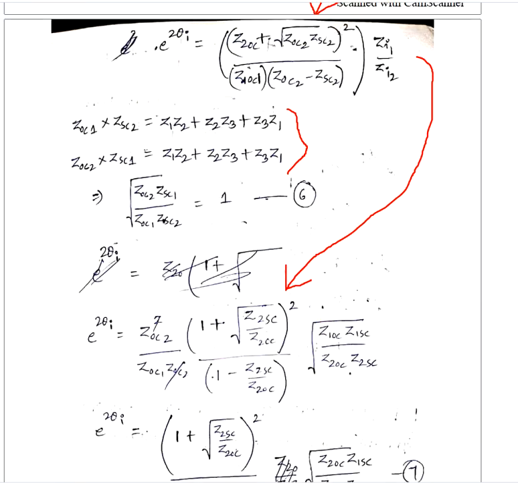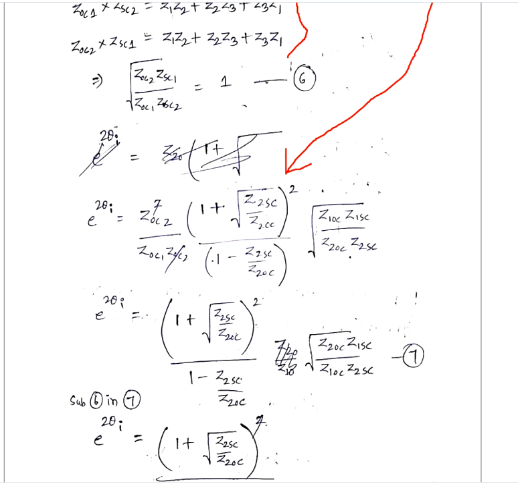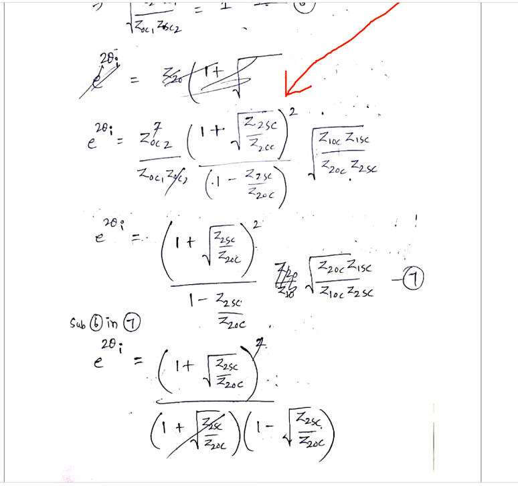Okay, so that is e power 2 theta is equal to, I will take Z2OC square common here, then you will get this expression. So here again I will simplify that to this, right? You can practice this, all of you practice it with your pen and paper.